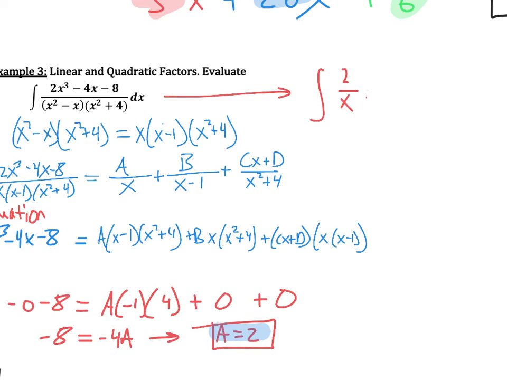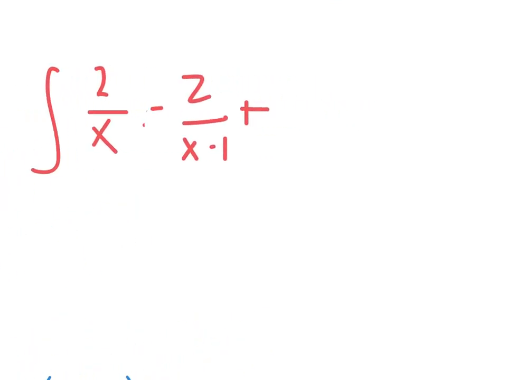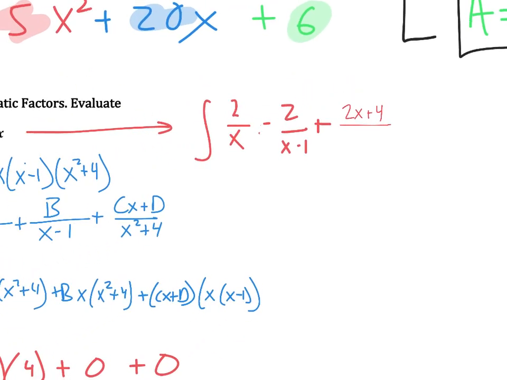So minus 2 over x minus 1. And then our cx plus d are 2 and 4. So we have 2x plus 4 over x squared plus 4.